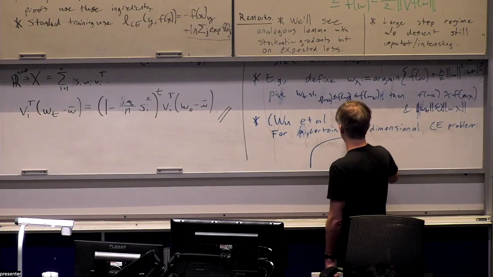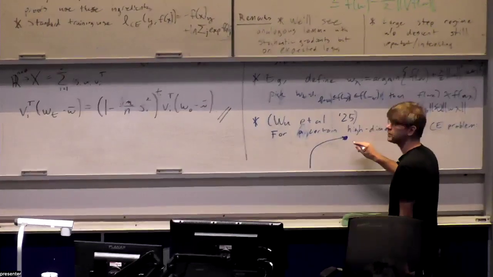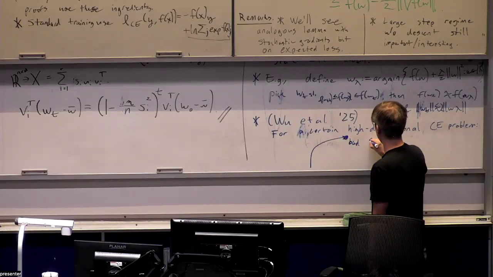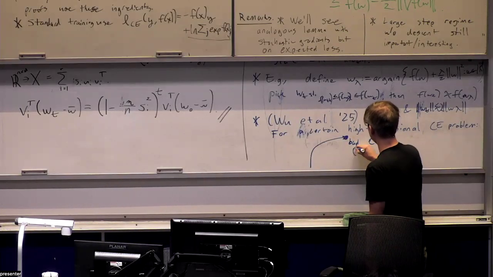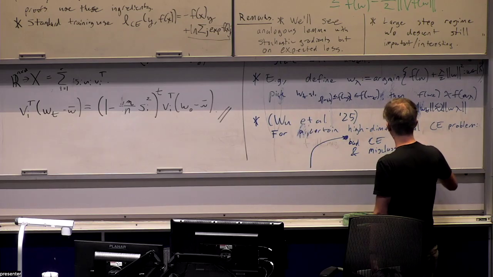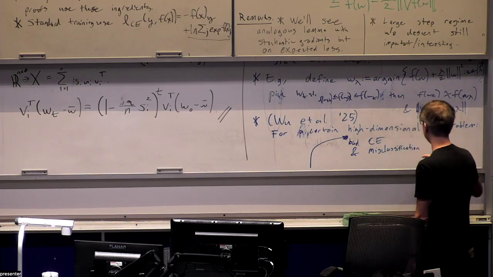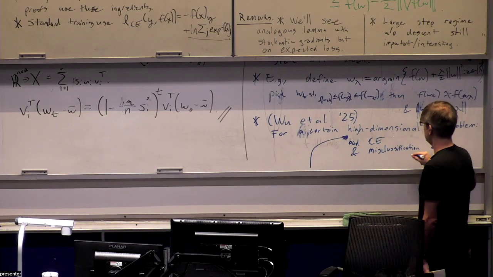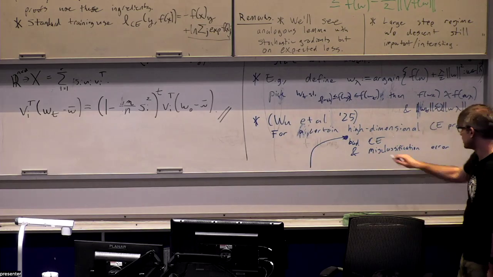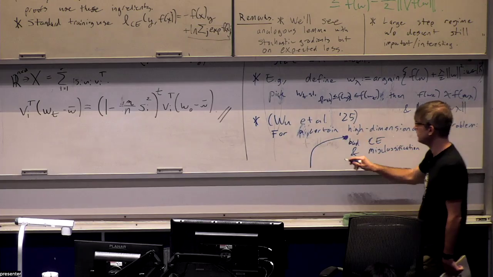If you stop very late, then you get a bad cross entropy and misclassification error. So this is what I was saying about the final solution being uncorrelated. Both the cross entropy error and just the 0-1 error, the probability of making a mistake, are bad if you run for a long time.